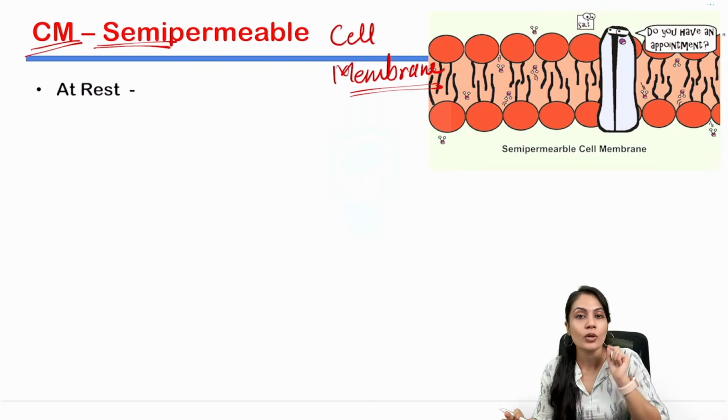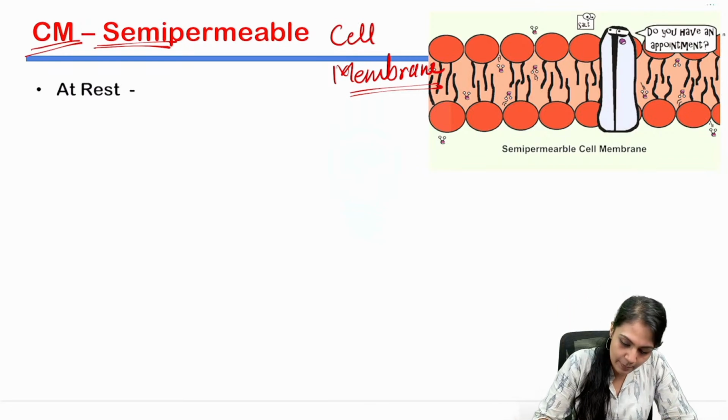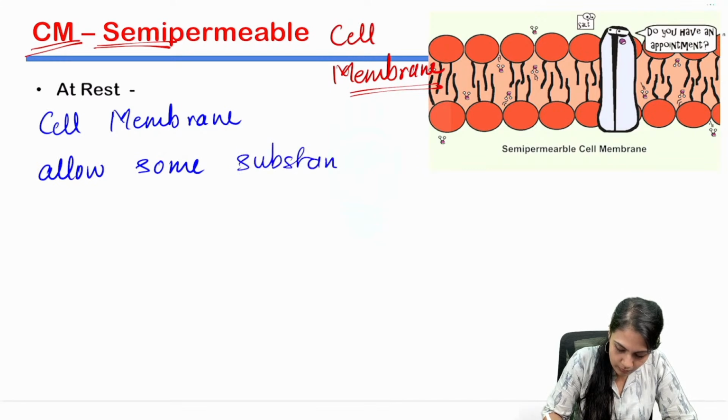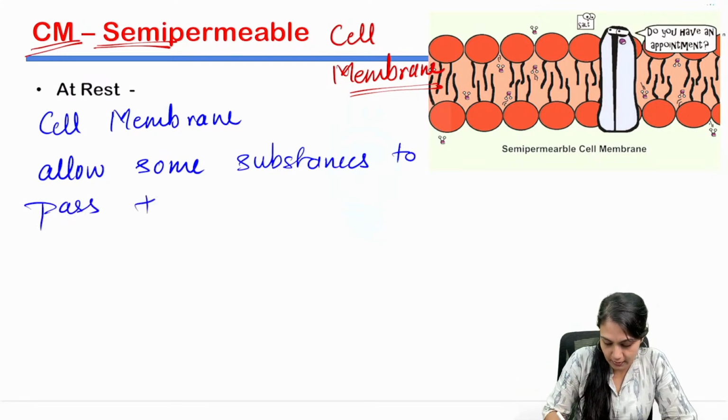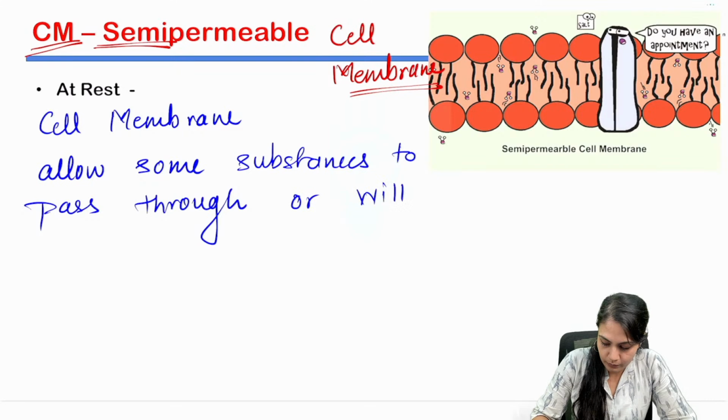So at rest, what is going to happen? Let's see. This is semi-permeable. That means the cell membrane will allow some substances to pass through, and it won't allow the other substances, let's write.